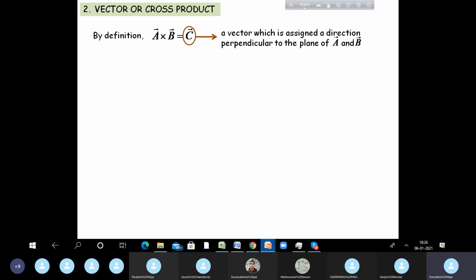Now when you have two vectors, then you can pass a particular plane through the two vectors. Suppose you have a single vector. How many planes can you pass through a single vector? Can someone unmute and tell me? How many planes can you pass through a single vector? Madam, one plane? Through a single vector? Yes. Anyone else?